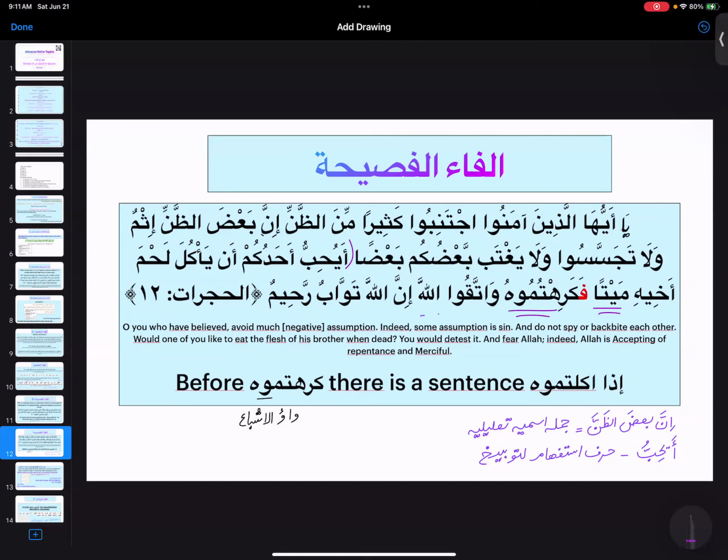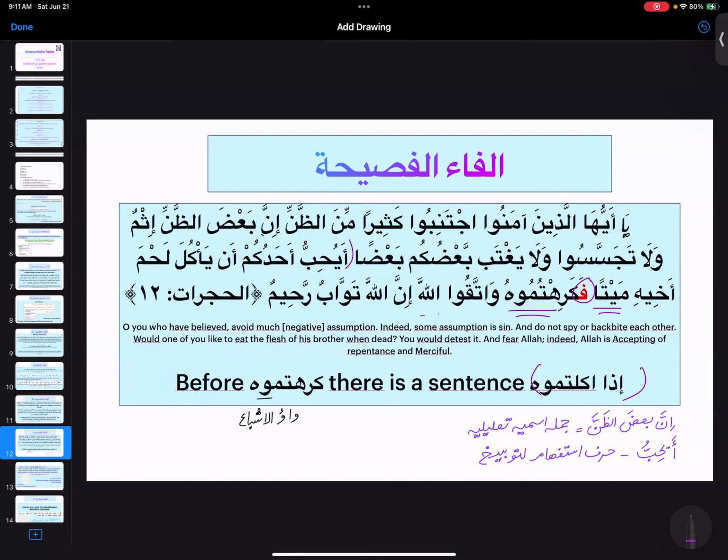So what is missing over here? Idha akaltumuhu, right? When you will eat it, fakarihtumuhu, or if you eat it, fakarihtumuhu, right? So if you eat that meat, fakarihtumuhu, so idha akaltumuhu is mahzoof over here. It is missing. And this fa is telling what is missing. So fa is basically fulfilling the purpose over here.